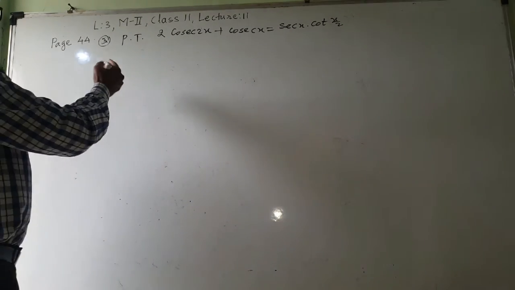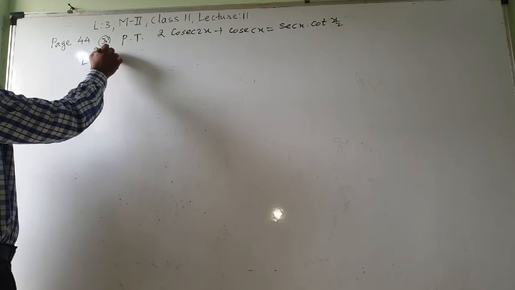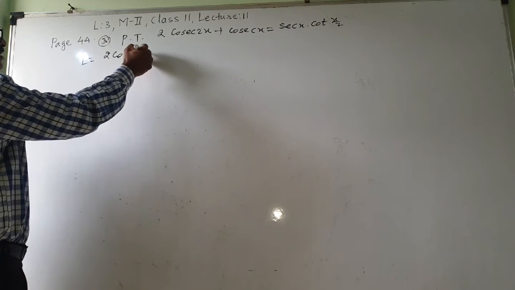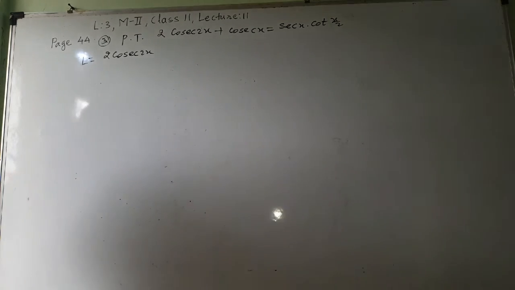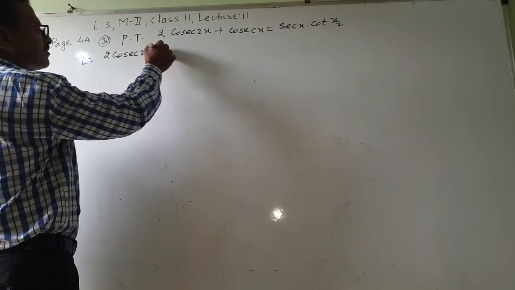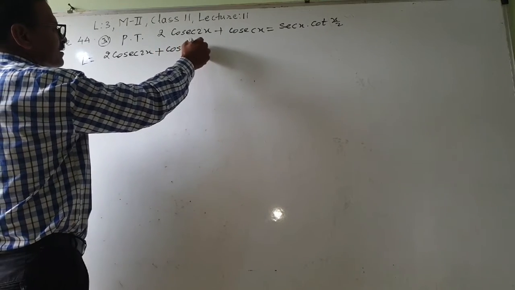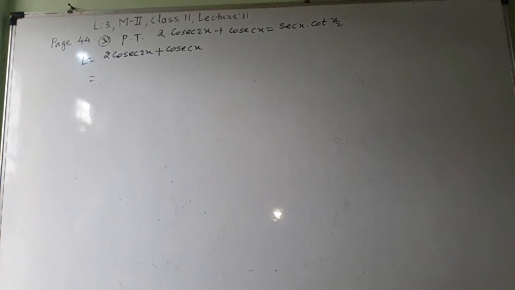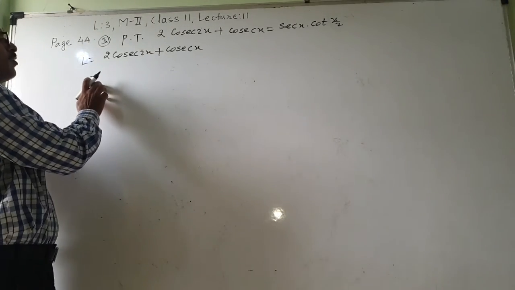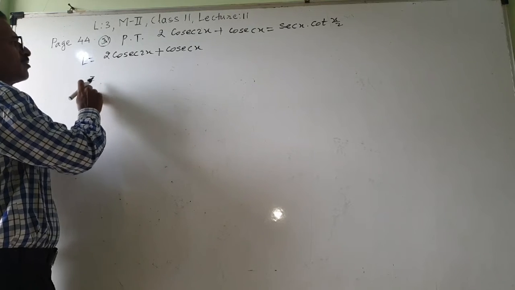Okay, LHS equal to 2 cosec 2x plus cosec of x. Whether I have written it right or wrong? Yes, correct it is. So, what is meant by cosec? 1 upon sine.